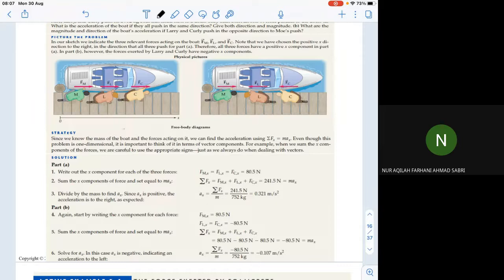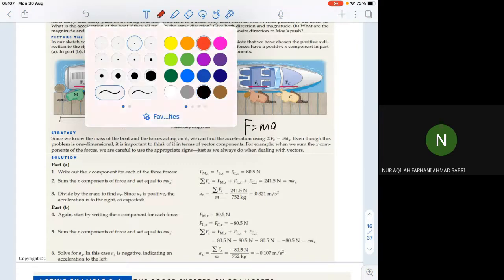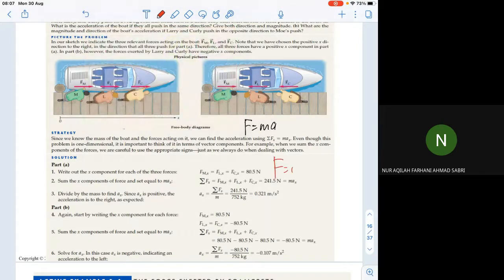We always have F equals ma, but F itself always comes with the summation, because summation means hasil tambah.